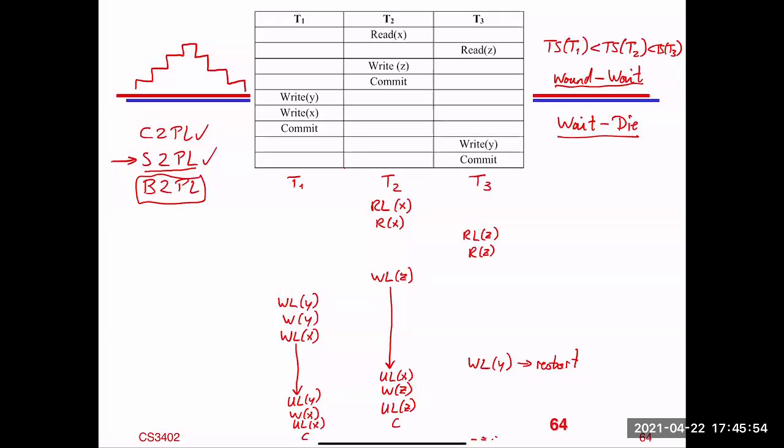And at some point down here again, T3 will restart. All right, good.